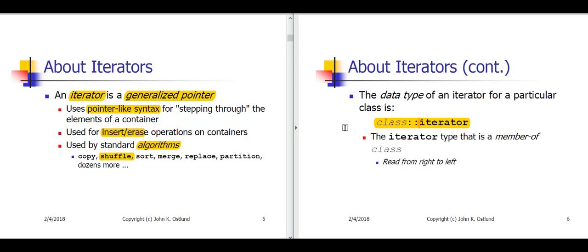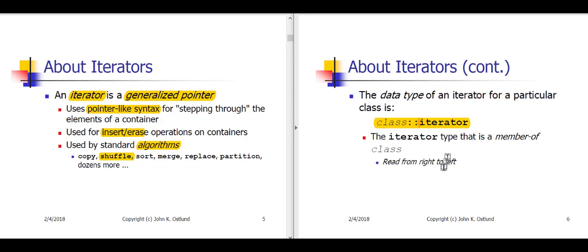Iterator as a concept works for any kind of container, but an iterator that works for a vector and an iterator that works for a set and an iterator that works for a list are going to be internally different, and consequently you need to say for your iterator type which container class that iterator belongs to.